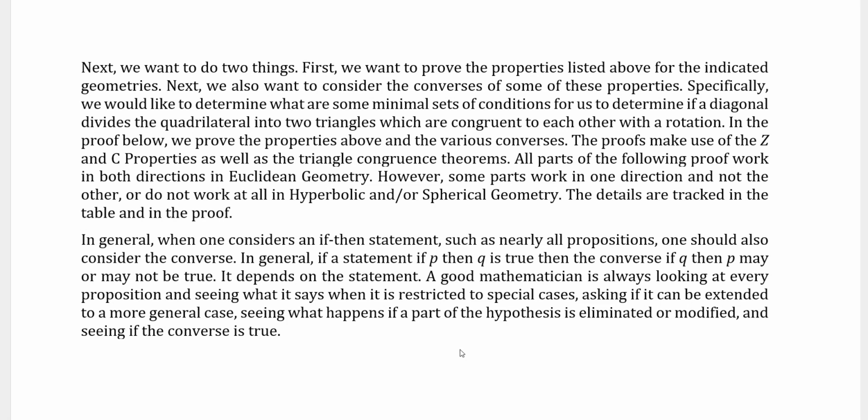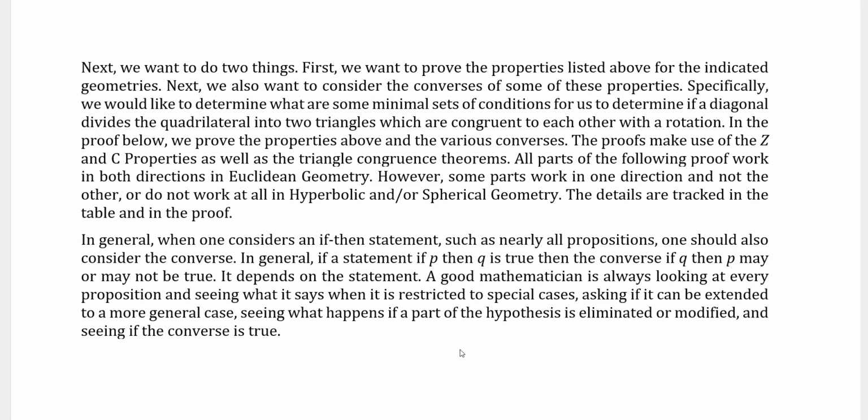So both pairs of opposite sides parallel implies both pairs of opposite sides congruent. What about the converse? Well, the converse is if you have a quadrilateral with both pairs of opposite sides congruent, do both pairs of opposite sides have to be parallel? Or another way of thinking about it, what would be some minimal set of conditions for us to determine if a diagonal divides the quadrilateral into two triangles which are congruent to each other with a rotation?